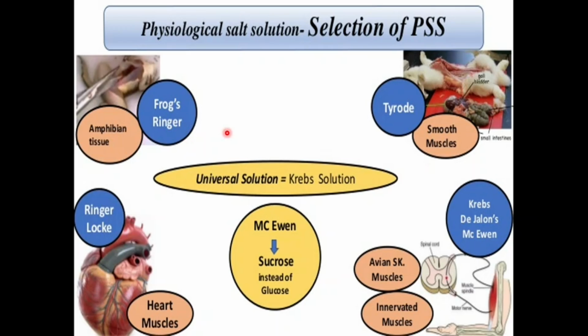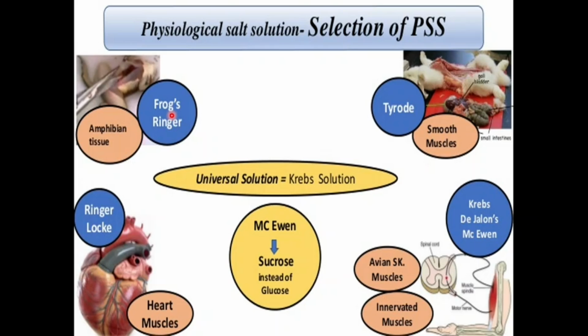The reason being, the frog ringer solution is best suited to the frog's body fluids. So for example, if you take out the tissue from the frog, that particular tissue or muscle outside the frog body will get the same body fluid environment in the form of the frog ringer solution, because the constituents which we add in the frog ringer solution are added with respect to the frog's body fluid composition.